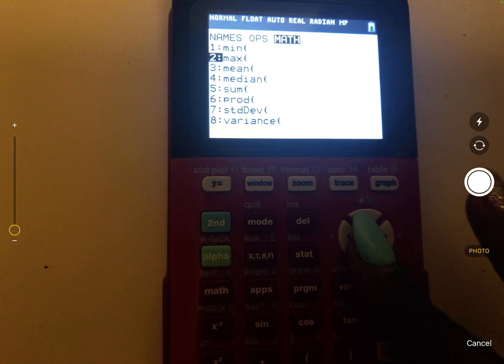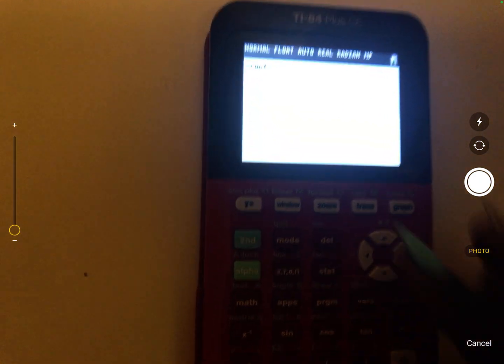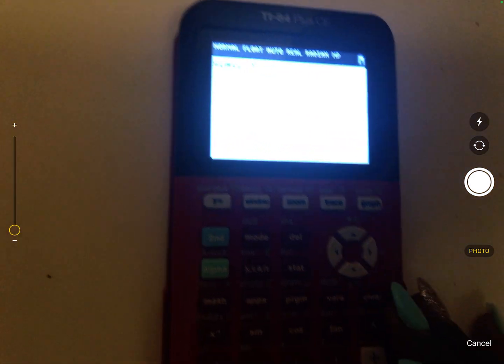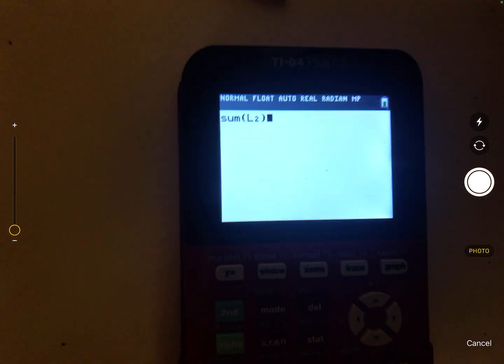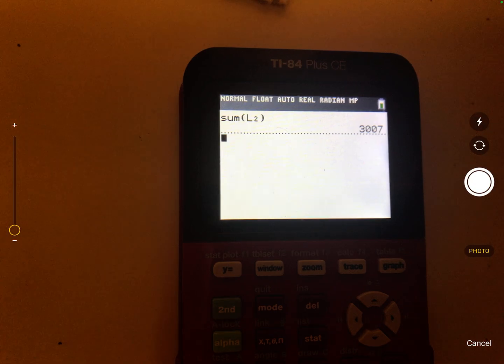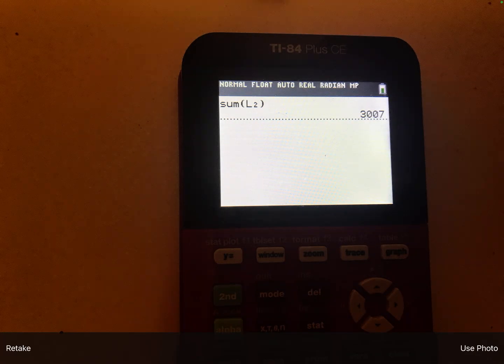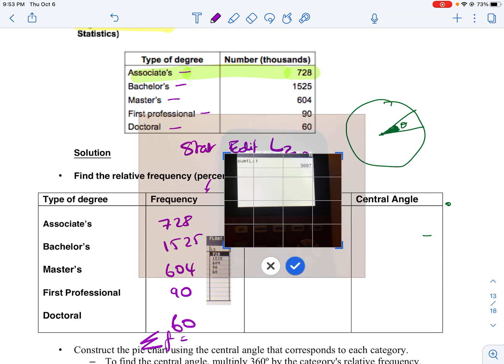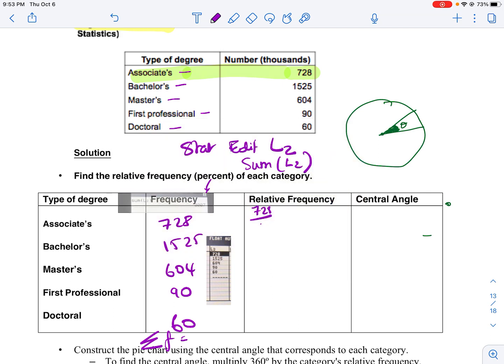If you go to math, then sum there. Second function, the sum of L2, I believe, close parenthesis, press enter. So 3007. There we go. There goes the sum.